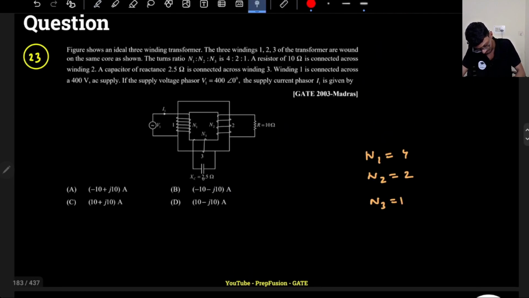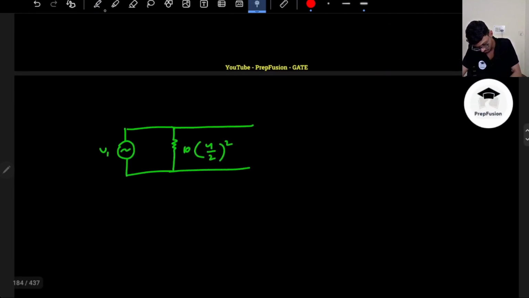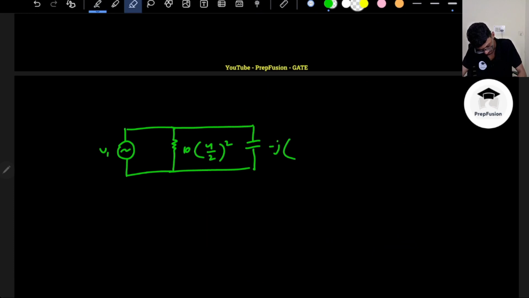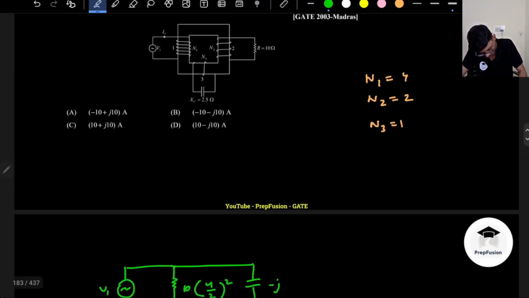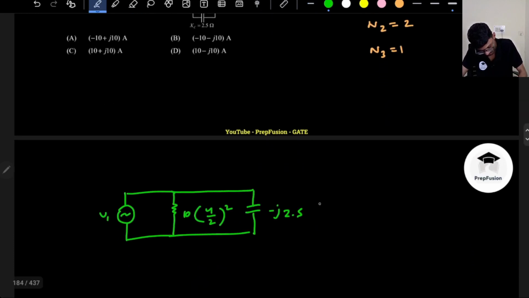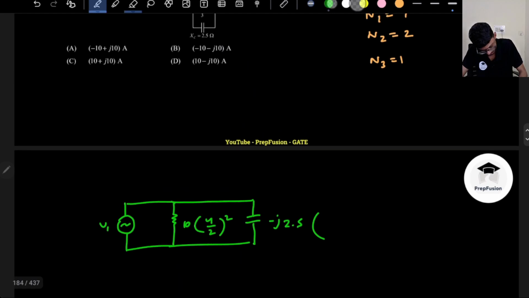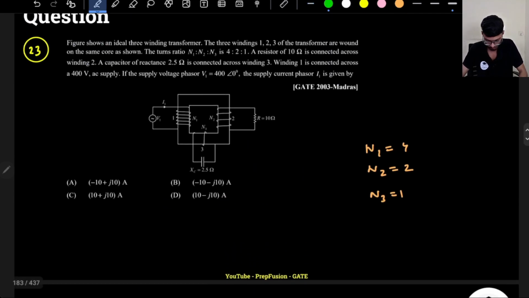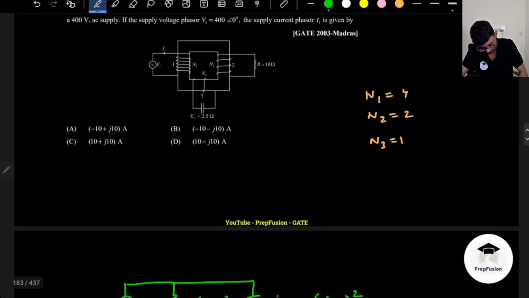And if I want to refer this capacitor to the primary, this will be Xc into (N1 divided by N3) whole square. So this will be minus j, Xc is 2.5, so minus j 2.5 into (N1 divided by N3) whole square.